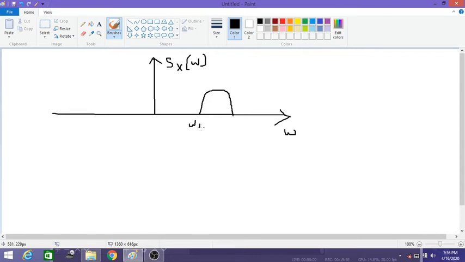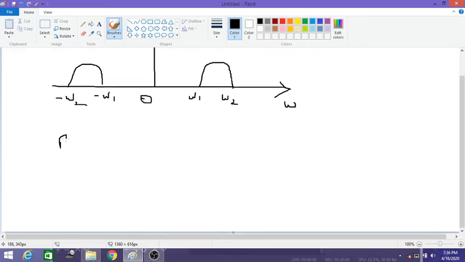We can call this omega 1 to omega 2. The spectrum that we will get in the PSD is like this, and this is minus omega 1 and this is minus omega 2.